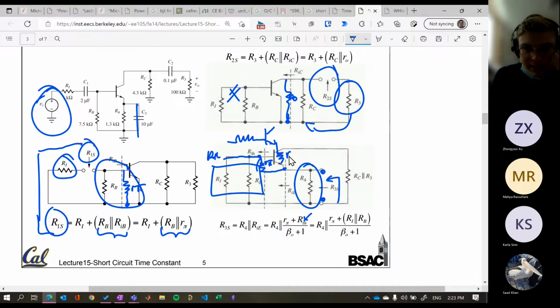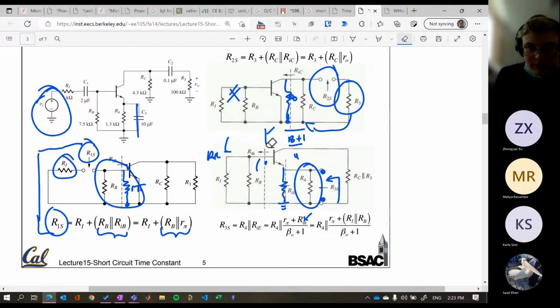Now, do you remember that hack that said we can actually bring this into here by dividing by beta plus 1? We're going to use that here. You can see that R4 is going to be in parallel, and this goes to ground, with the reflected resistance here.